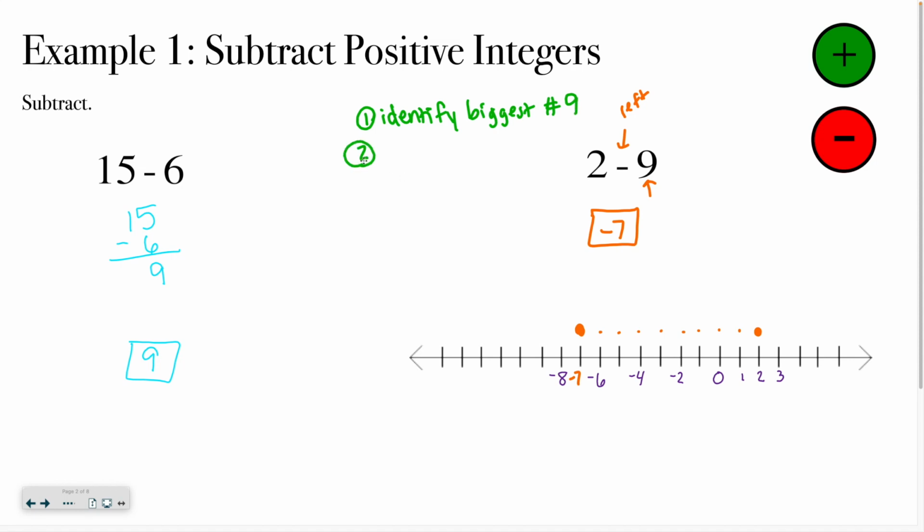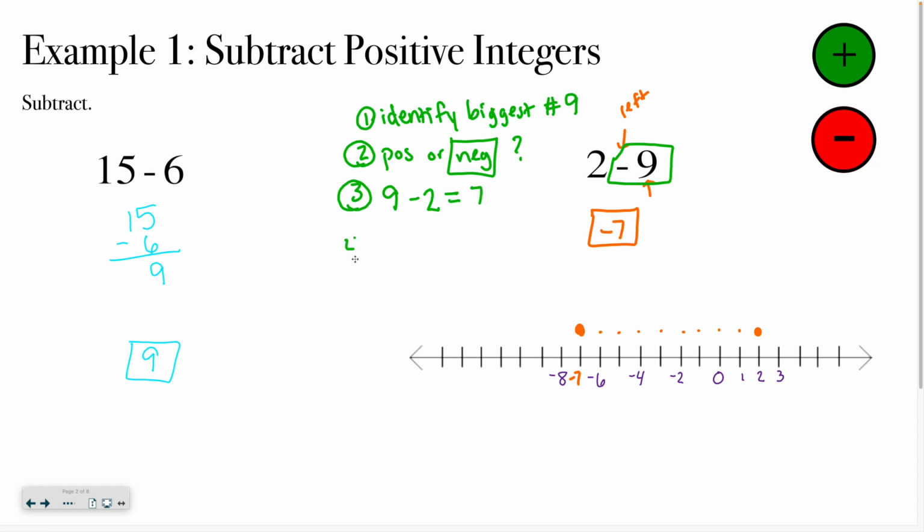And then you want to identify, is it positive or negative? And the 9, since it has this subtraction symbol right in front of it, is going to be considered a negative. And then your third step is just to take your biggest minus your smallest. So 9 minus 2, that's 7.